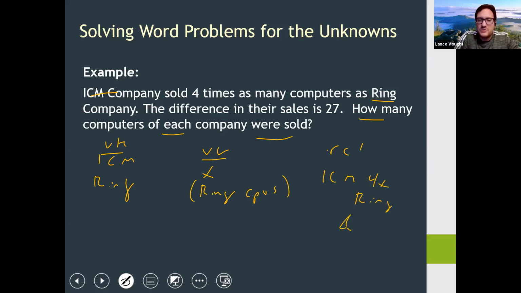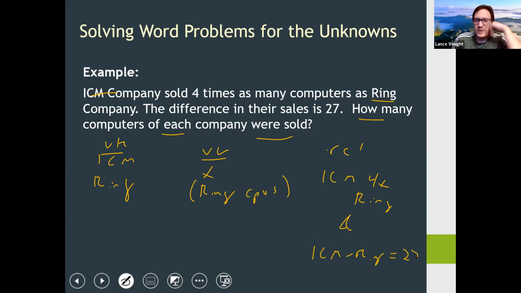And we also know that 4x minus x, or we know that Ring minus ICM, excuse me, ICM minus Ring equals 27. So how do we combine this into an equation?